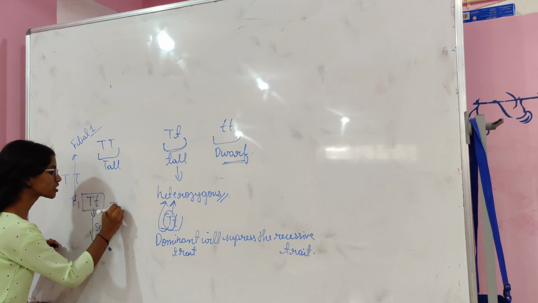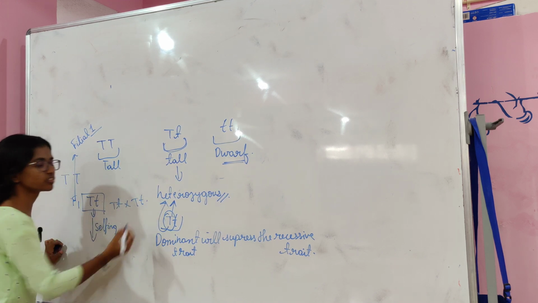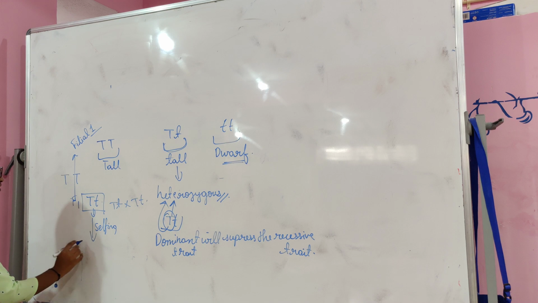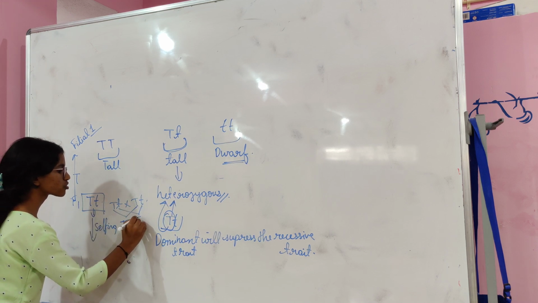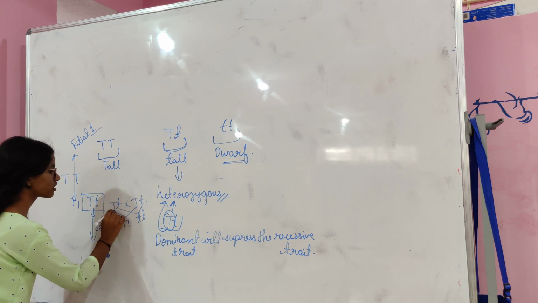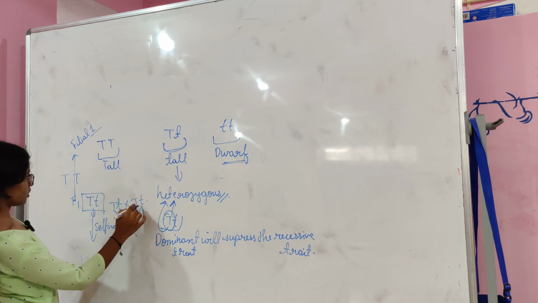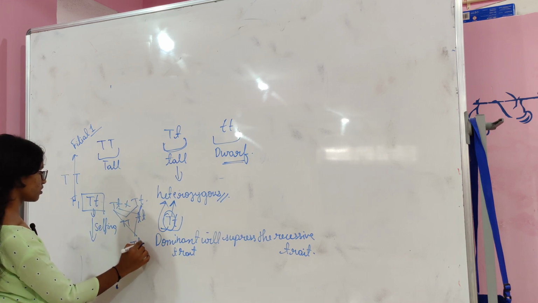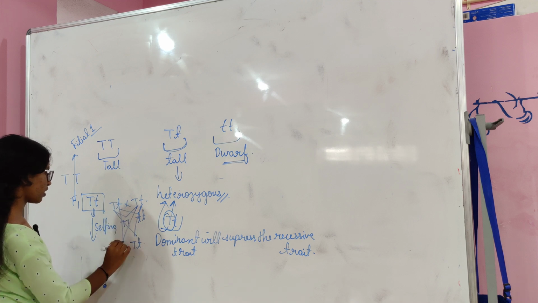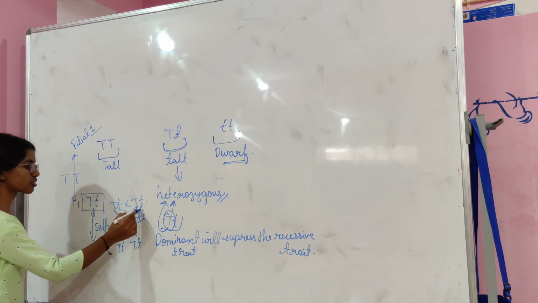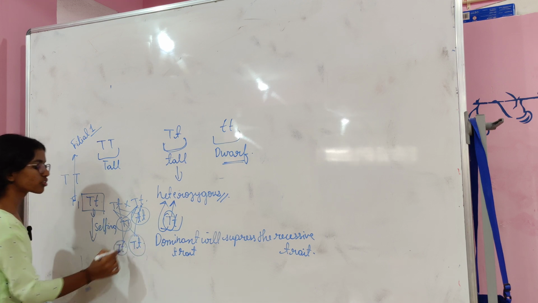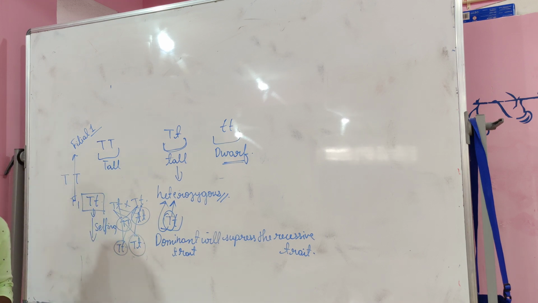Selfing in the sense TT into TT only he did. So he found four different types of progeny. Okay, these were the progeny. Fine. He found that there is no intermediate height.